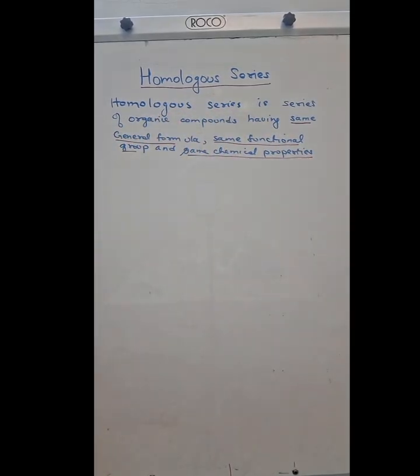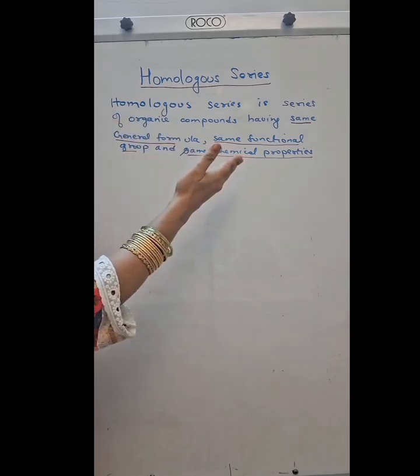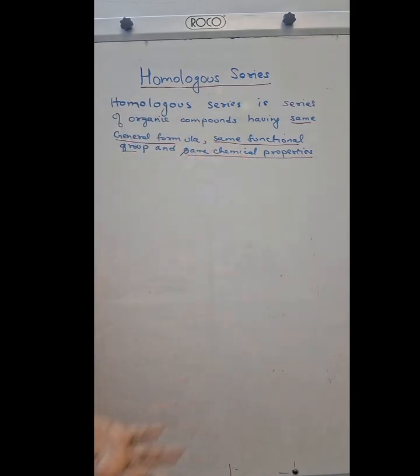If they ask the characteristics of homologous series, you will just write these three points. Any compound which shows the same general formula, same functional group and same chemical properties belongs to the same homologous series.